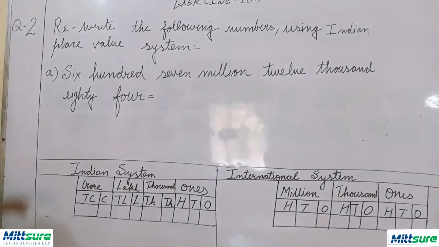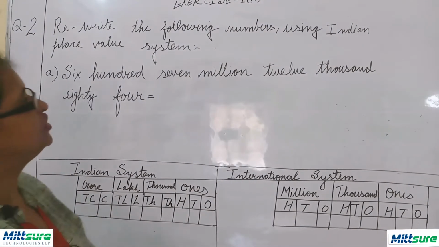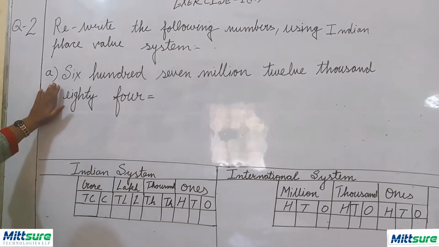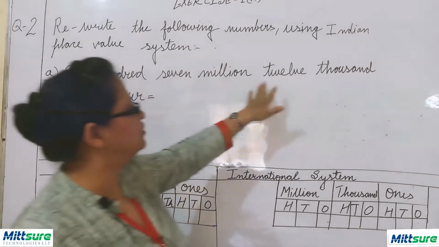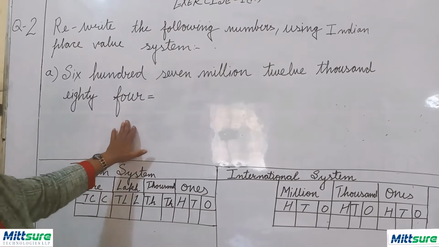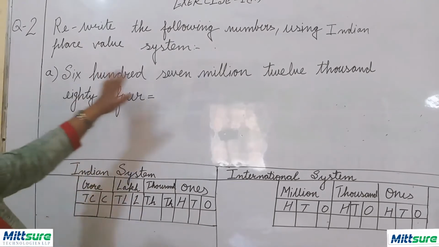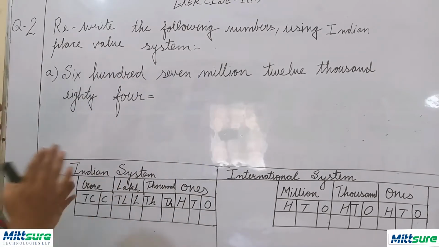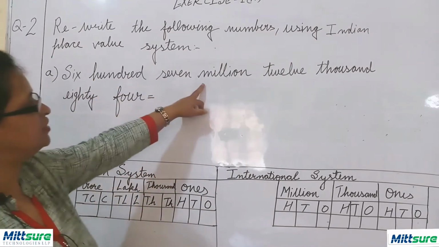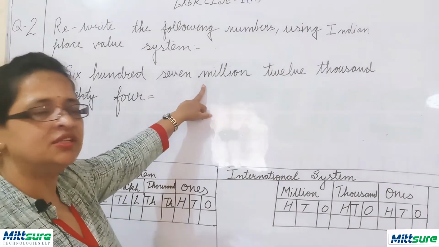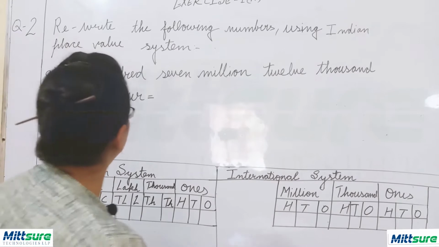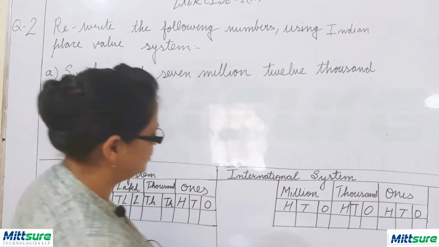Question 2 is: rewrite the following number using the Indian place value system. 607,012,084. Now I have to write first in the international system, because it has millions, it means it is an international number system. So this is 607 million.